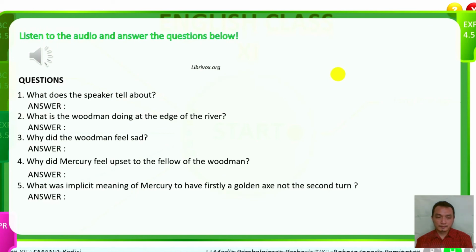Mercury appeared as before, and, on learning that his axe had fallen in, he dived and brought up a golden axe, as he had done on the previous occasion. Without waiting to be asked whether it was his or not, the fellow cried, "That's mine, that's mine!" and stretched out his hand eagerly for the prize. But Mercury was so disgusted at his dishonesty that he not only declined to give him the golden axe, but also refused to recover for him the one he had let fall into the stream. Honesty is the best policy. End of Mercury and the Woodman.